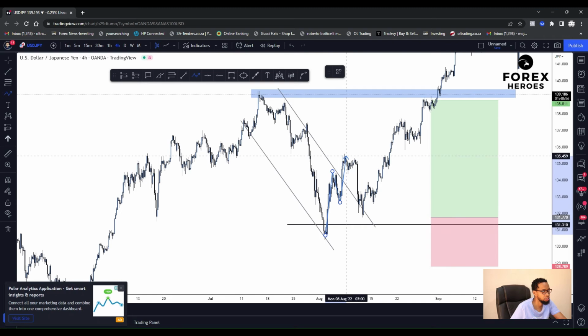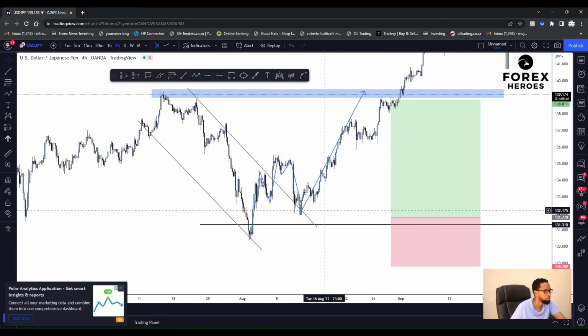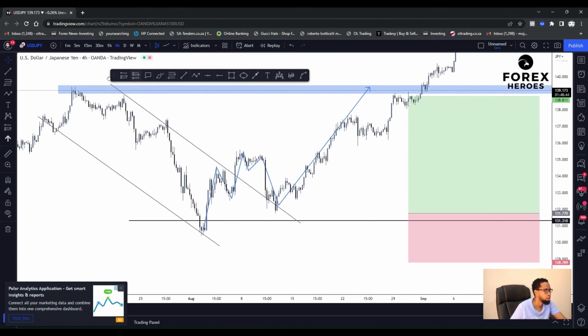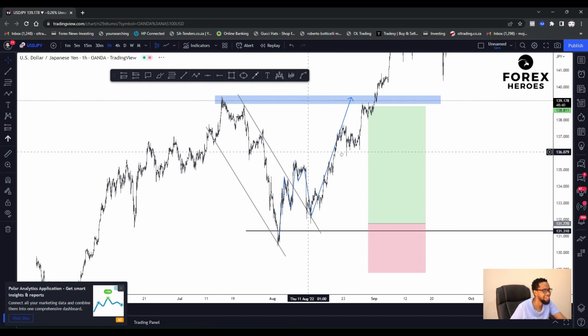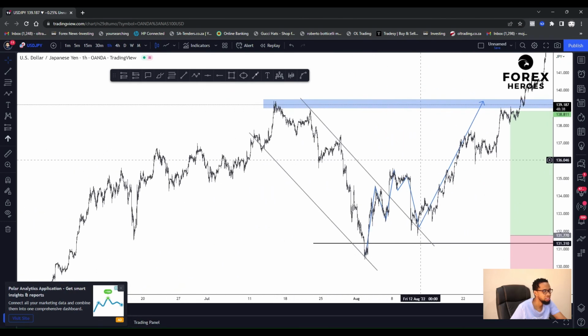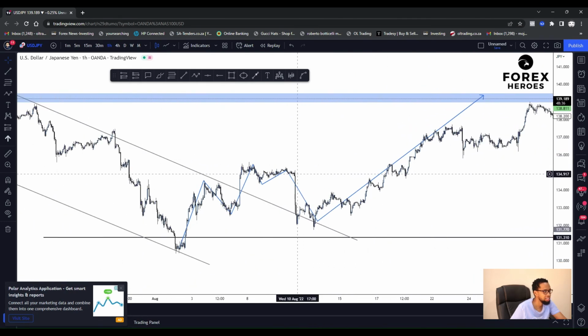Impulse, correction, impulse, correction. This is a correction. Retest, push. You see, not everything will be in a form of a bull trade, guys. Someone saw this as a double top.